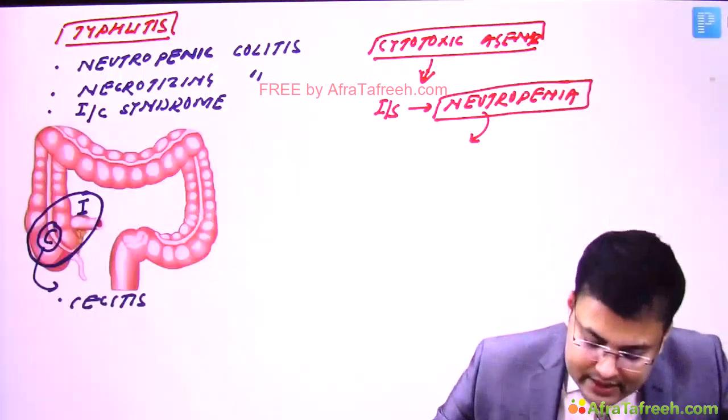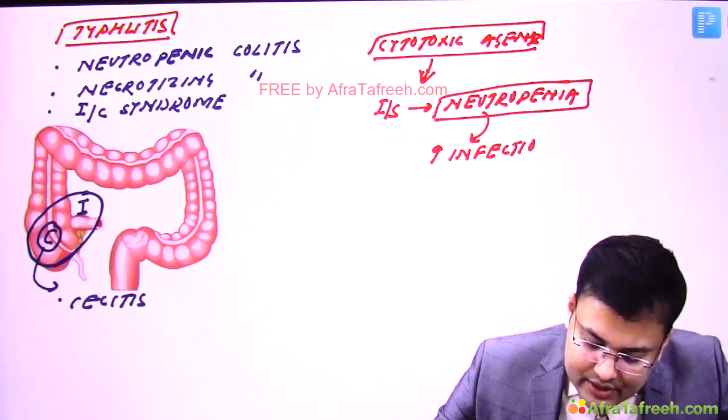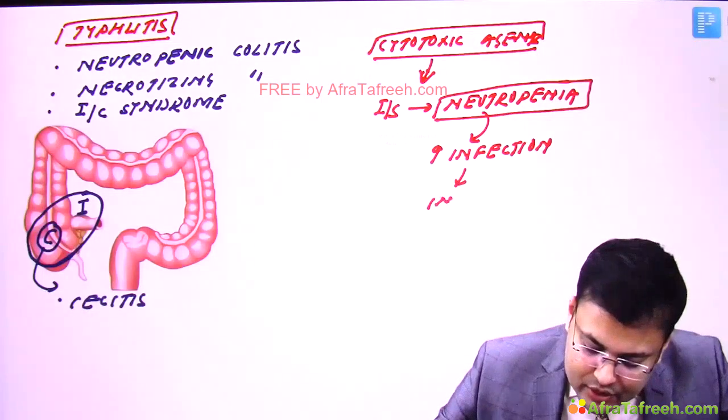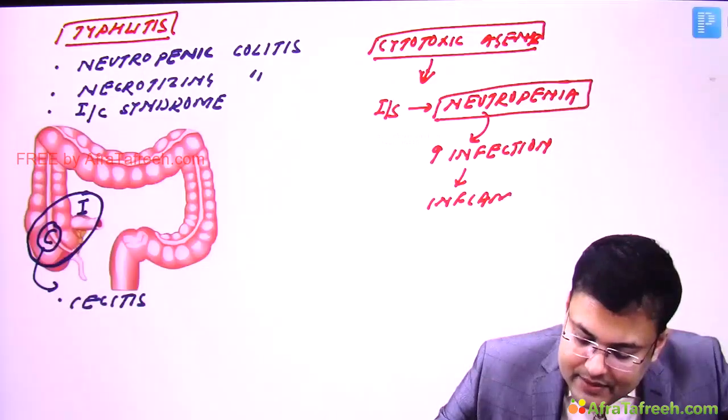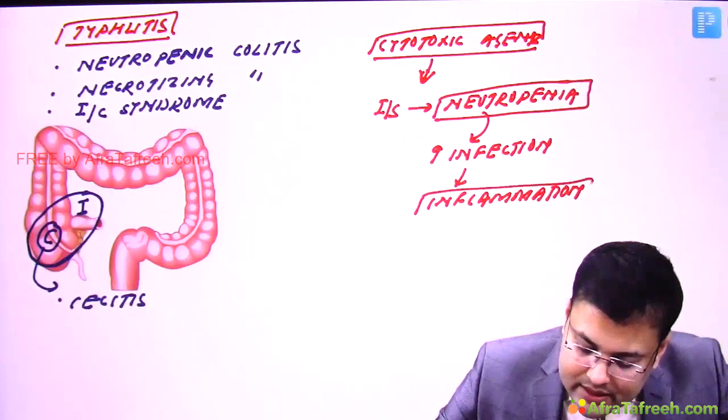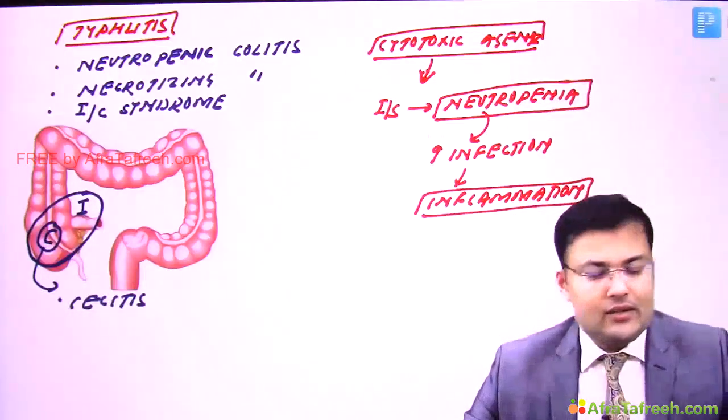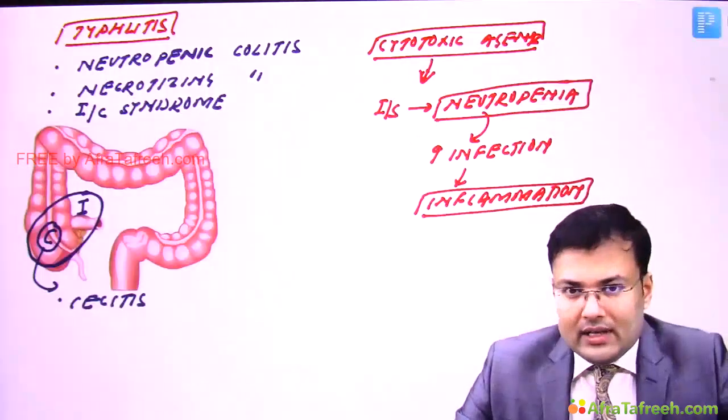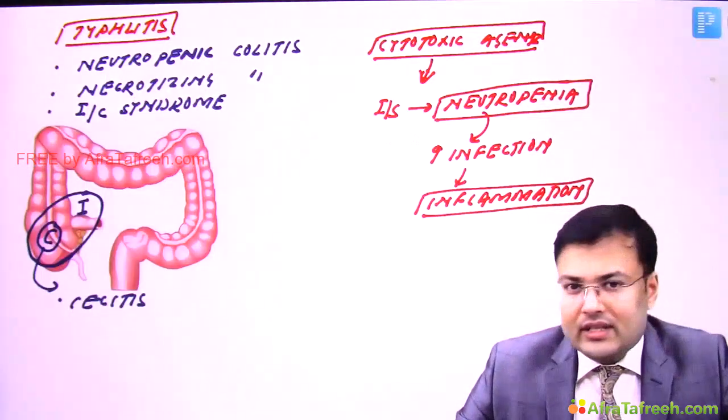So if there is increased risk of infection, and because of this infection there is inflammation. So where is that infection and inflammation? Mainly involving the colon, which part? Cecum. So this is typhlitis, also known as neutropenic colitis, necrotizing colitis, or cecitis.